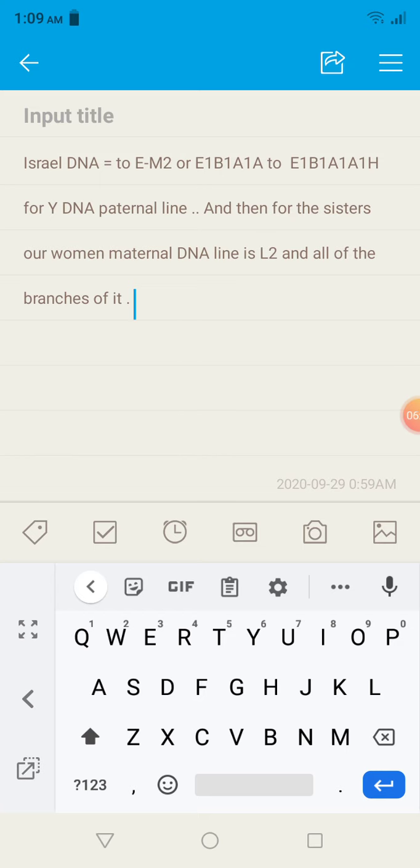So the E1B1A grouping to the E1B1A 1A grouping to the E1B1A 1A 1H grouping. This 1H group is your last branch of Israel. After that, there's no other grouping of people dealing with our nation of people.